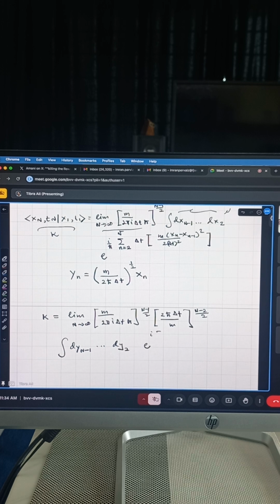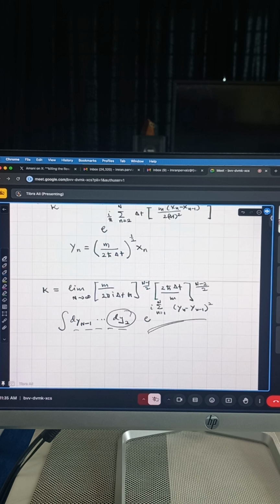Now what we do is that we do each of these integrals one by one, starting from the earliest integral. Here there are many factors of exponential, and we have to decide which factors are relevant.